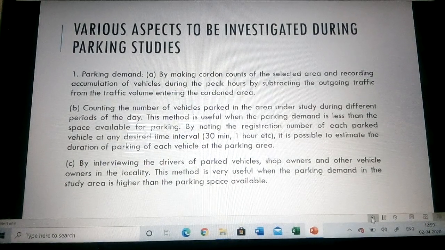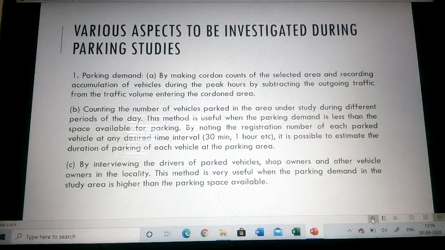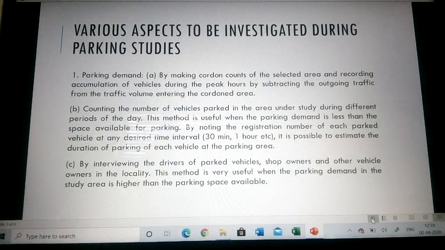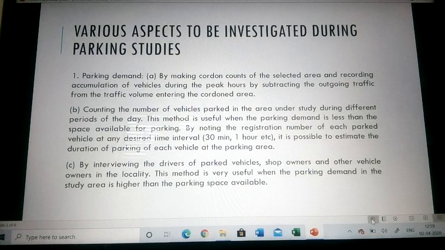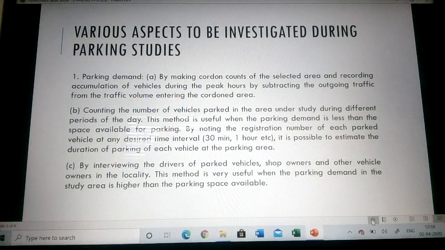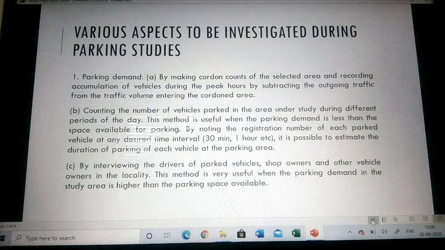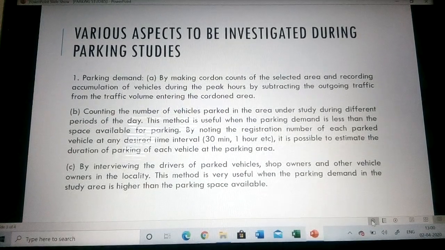The third method through which we can investigate this aspect is to interview the drivers of parked vehicles, shop owners, and other vehicle owners in the locality. This method is very useful when the parking demand in the study area is higher than the parking space available.